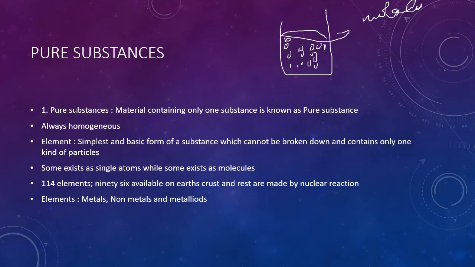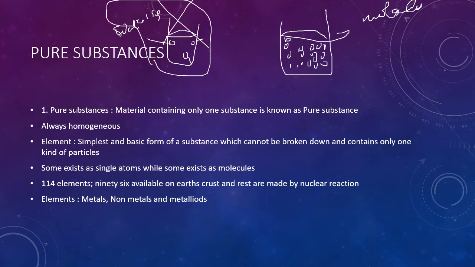Why don't we consider sugar solution a pure substance? Because along with the water molecules, sugar molecules are dissolved in this solution. Even here or anywhere you can find the same thing. That is why we are not considering this a pure substance.